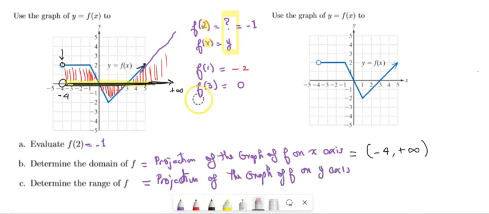All right, okay, so in the same way we define the range of a function as the projection of the graph of f on the y-axis. So again, we're going to do a shadow thing, and the shadow this time is not going to be a vertical shadow, however, it's going to be a horizontal shadow.